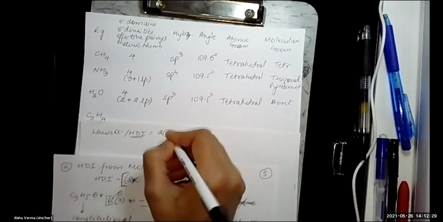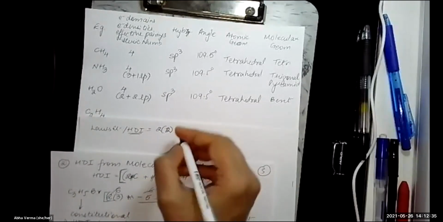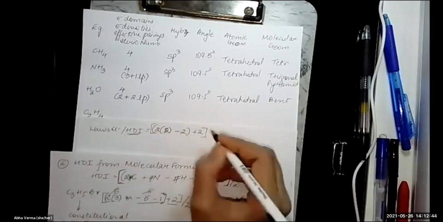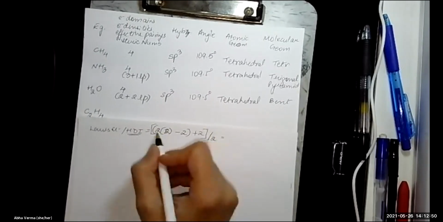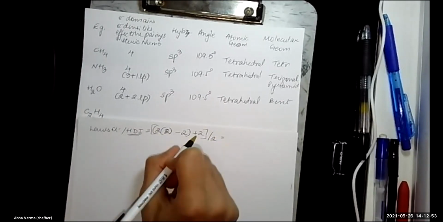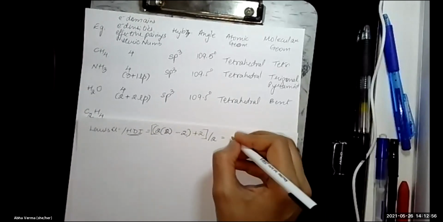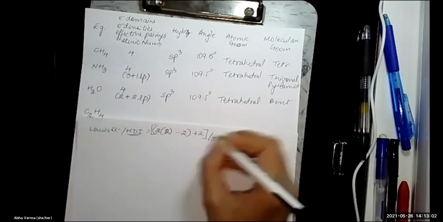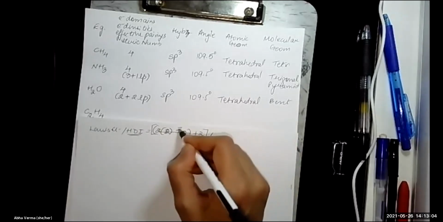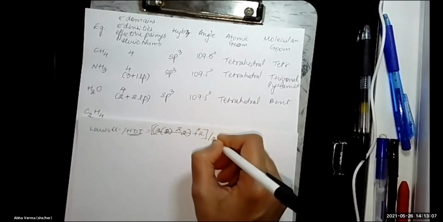Very good. So there are 2 carbons, 2 times 2. There are no nitrogens, but there are 2 hydrogens, plus 2, divided by 2. So 4 minus 2 plus 2. You will get 1. No. Okay, hold on. 4, minus 2 is 2. 2 plus 2 is 4. 4 divided by 2 is 2.